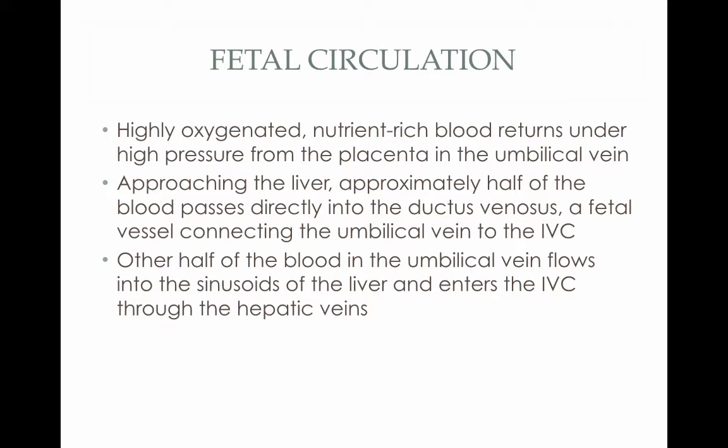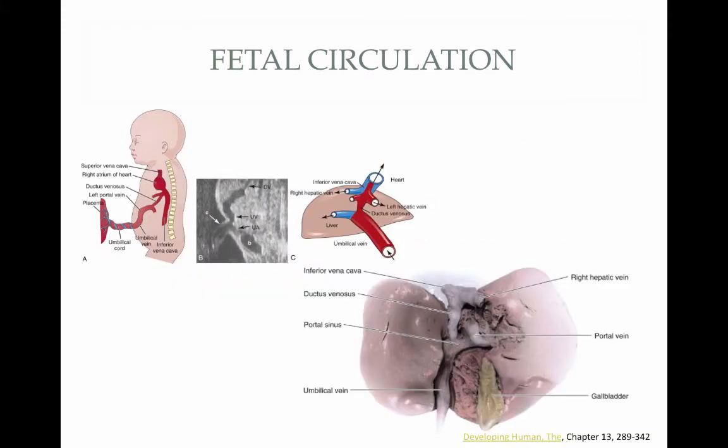The other half of the blood flows from the umbilical vein into the sinusoids of the liver, and then enters the IVC through the hepatic veins or the portal system. So half the blood goes through the ductus venosus, the other half through the liver, all coming together in the vena cava.